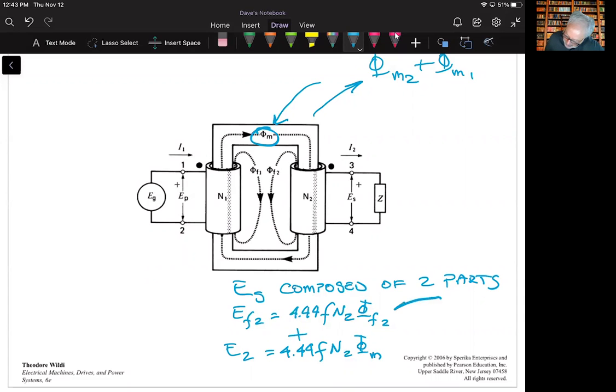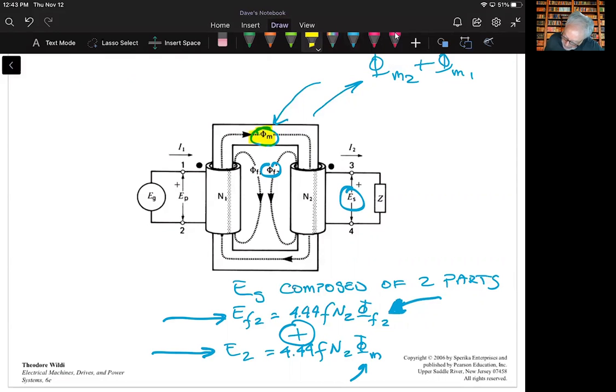So we can say that this E sub S total voltage is equal to the portion from the leakage flux here, which generates a particular voltage that we call this, and then the second component, indicated with the plus sign, is this E2, and it's going to be dependent upon this flux, okay?